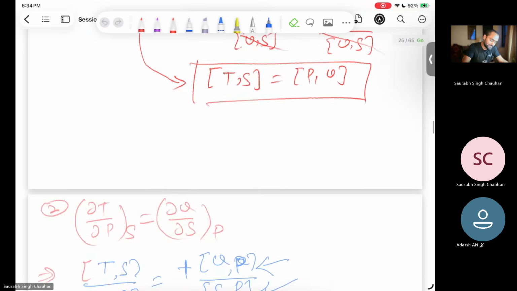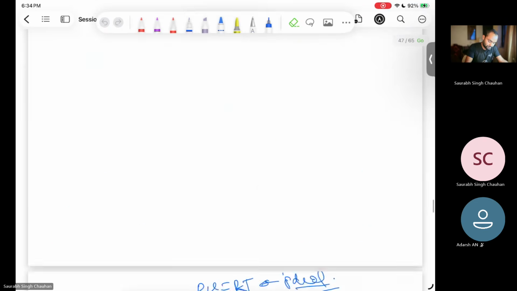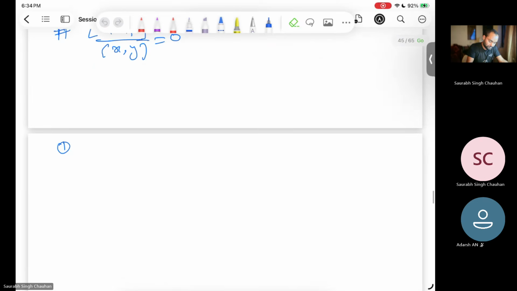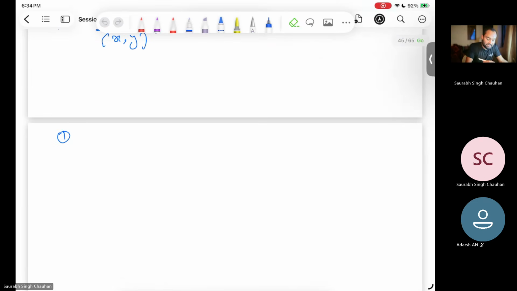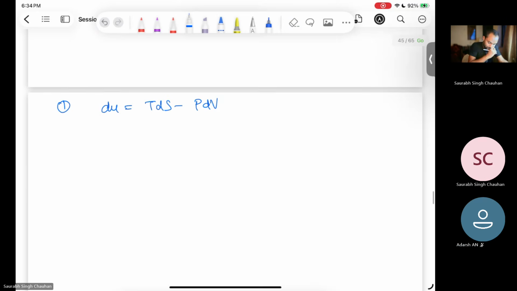dU is equal to TdS minus PdV. We also discussed that Gibbs energy, Helmholtz, and internal energy, all these are potentials. So dU is equal to TdS minus PdV. Now this is in the form of a differential of internal energy.